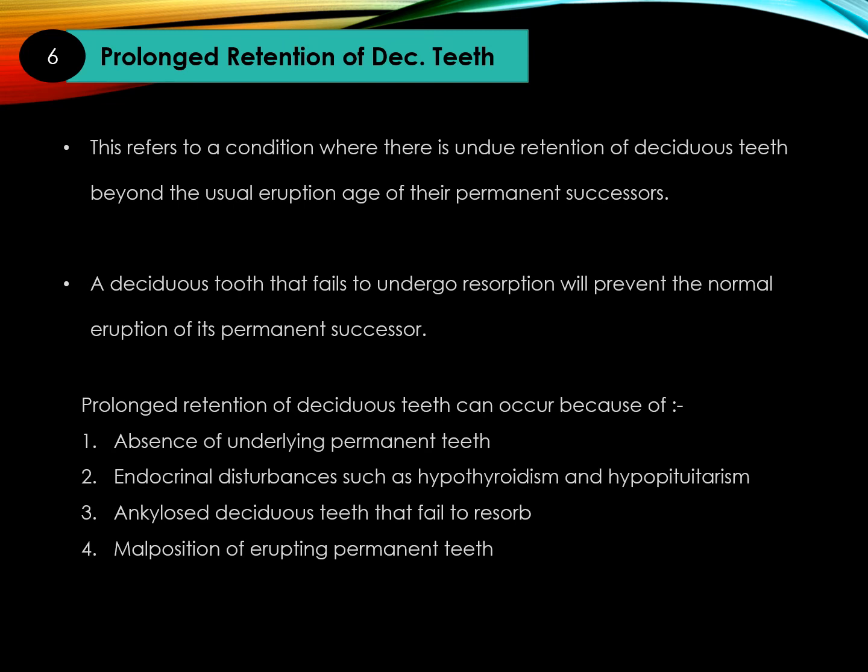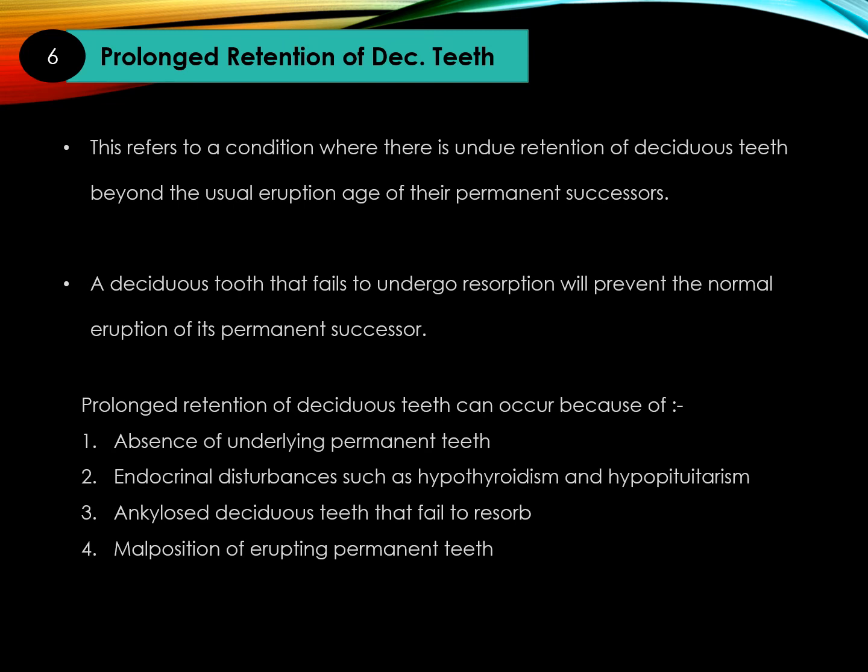Prolonged retention of deciduous teeth can occur due to several factors such as absence of underlying permanent teeth, endocrinal disturbances such as hypothyroidism or hypopituitarism, and also any ankylosed deciduous teeth that fail to resorb can be over retained.